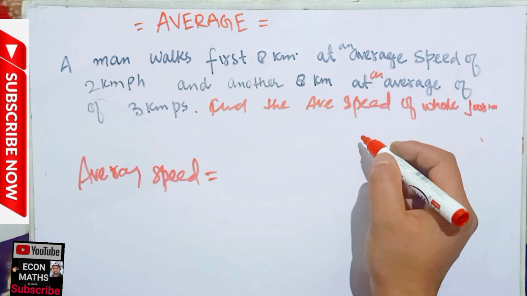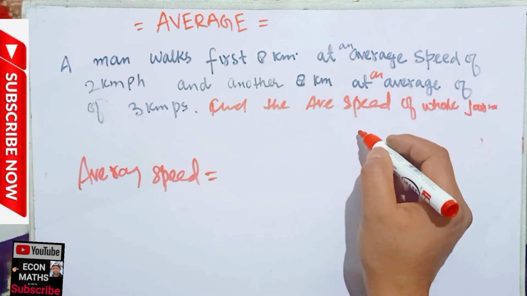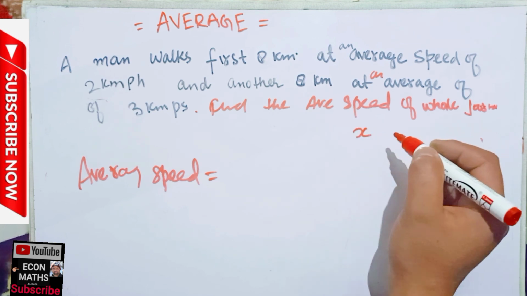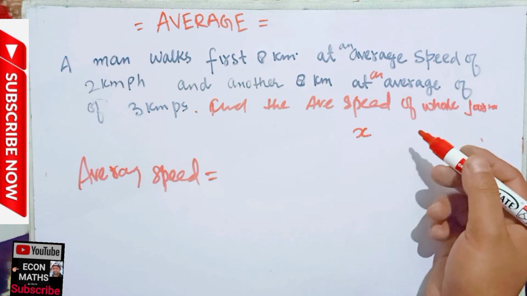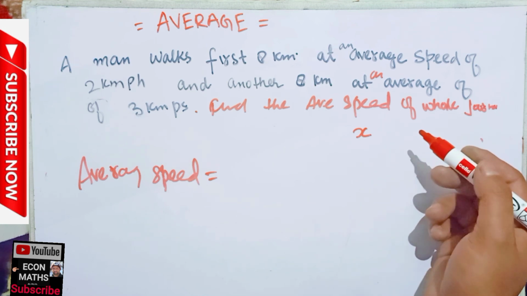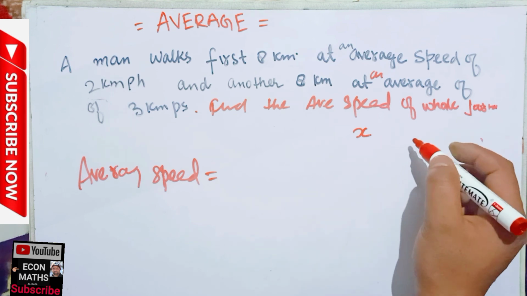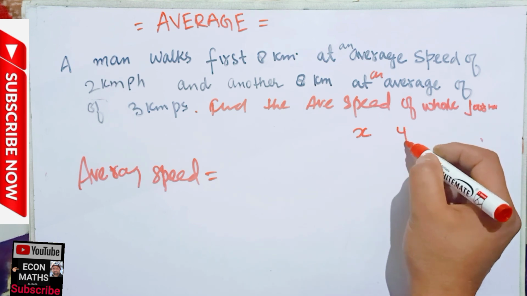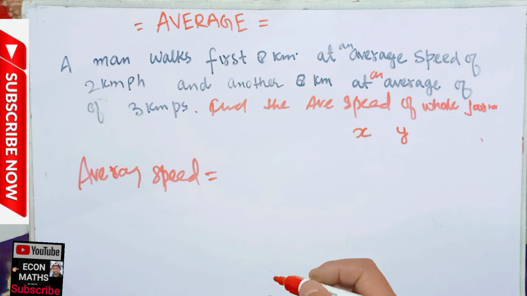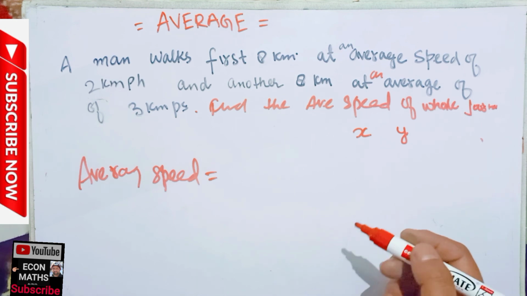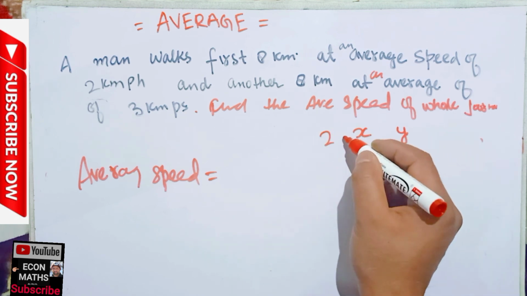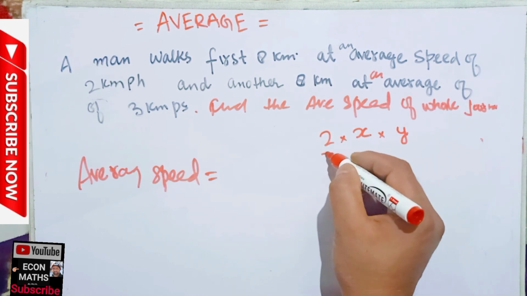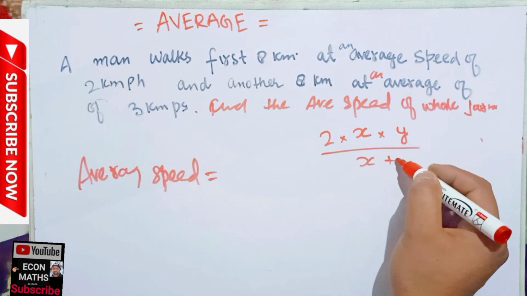If a man covers a certain distance at an average speed of x kilometers per hour and he covers an equal distance at an average of y kilometers per hour, then the average speed will be equal to 2 times x times y divided by x plus y.